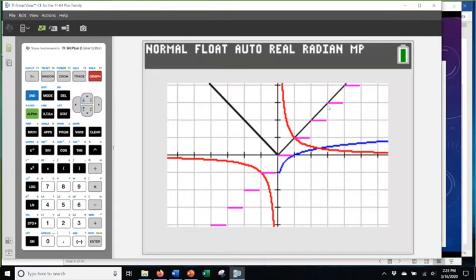So the blue one, log x, is the only one that doesn't have negative values in its domain. The absolute value of x is the only one that has a continuous function. There are no breaks or jumps. The reciprocal function 1 over x is one of the ones that doesn't have x cannot equal 0.